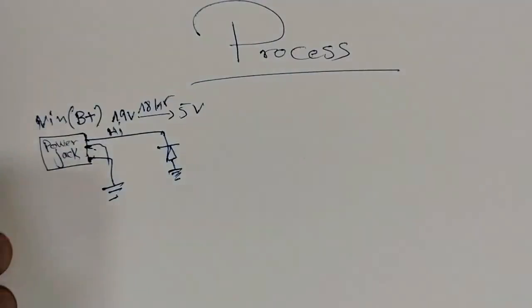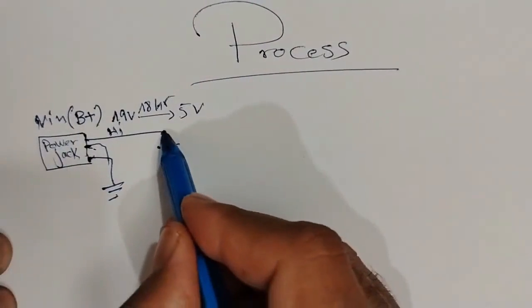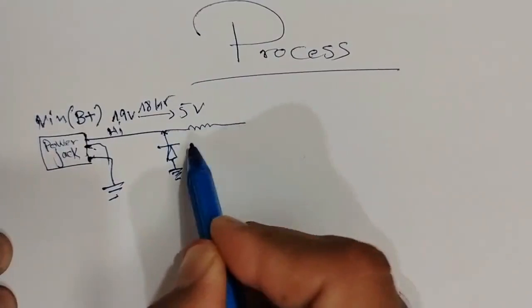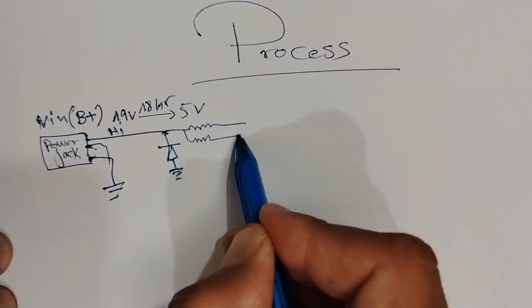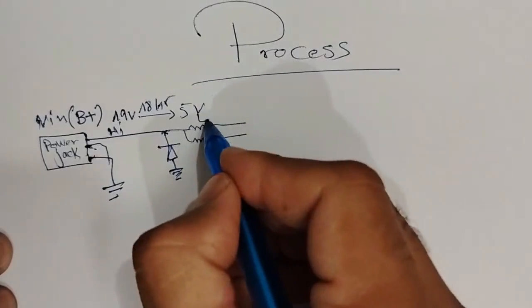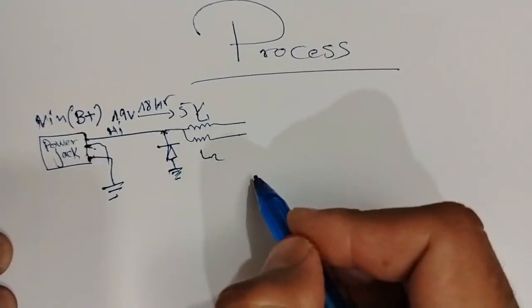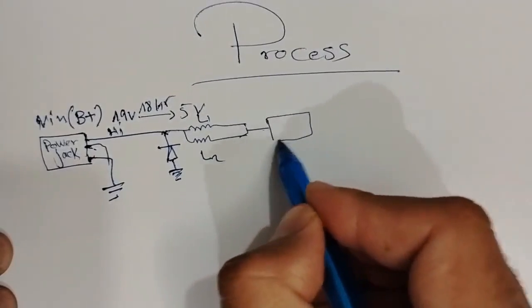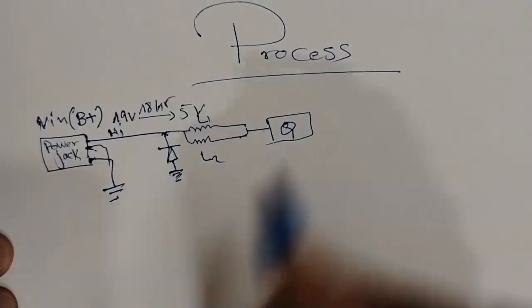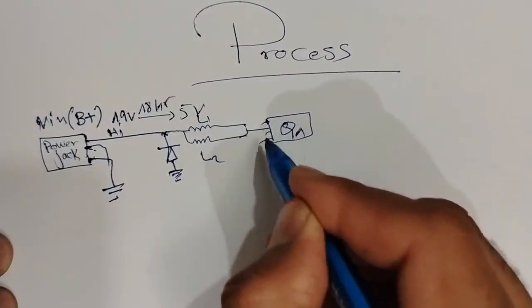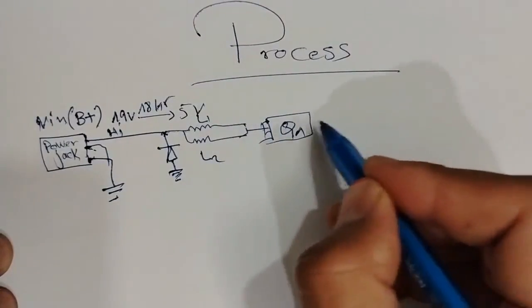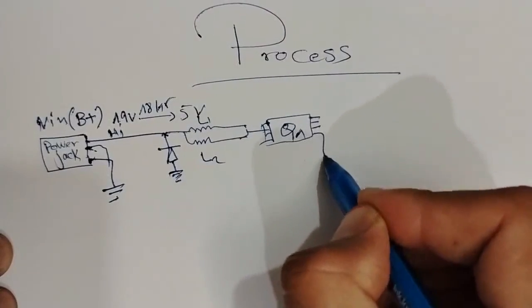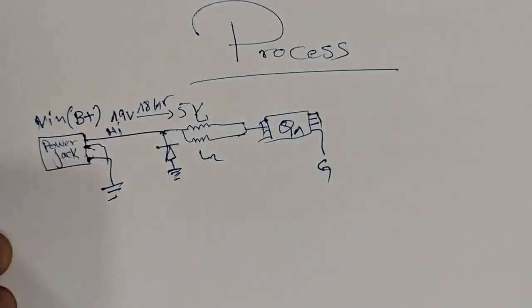Usually you'll find it like this, or a fuse. Sometimes you'll find inductors, L1, L2. Then you will find, my friends, a switch. It could be one switch, Q1, just one switch, or sometimes it could be 3. Here we have gates.